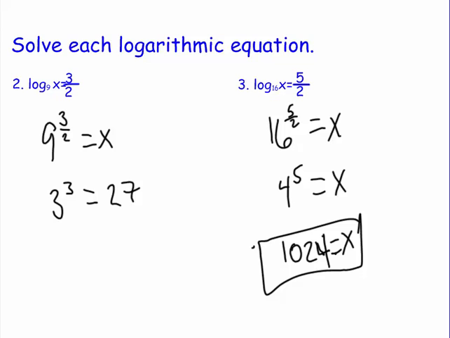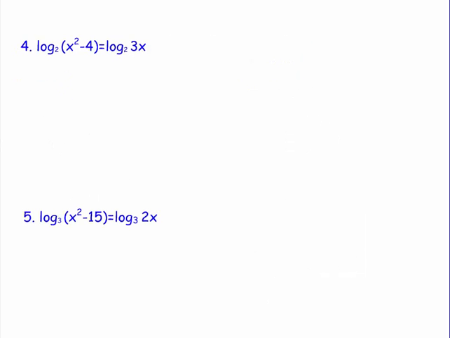Now, we got most of these easy ones taken care of, just using the definition of what a log is and rewriting it. What happens here? To remember this, we have to go back to exponential functions, when we had those ones that had the same base. 3 to the 3x equals 9 to the 2x plus 1, and we made this 3 squared instead.